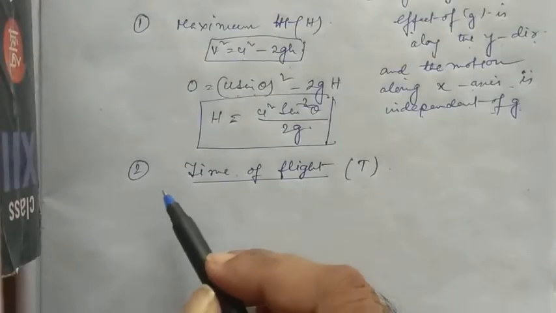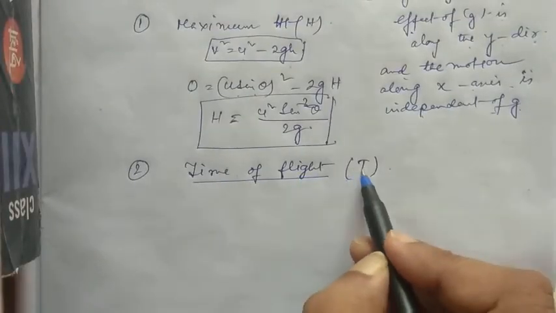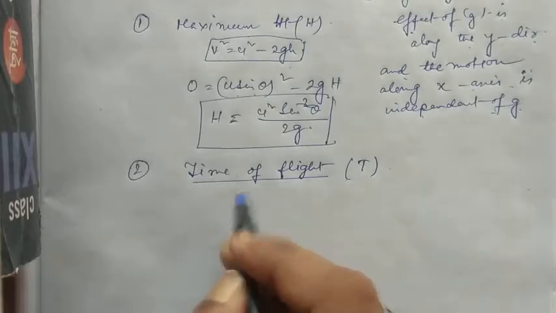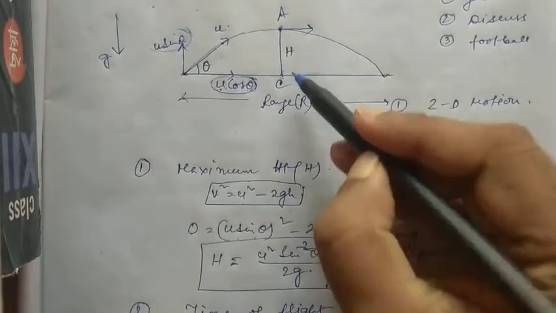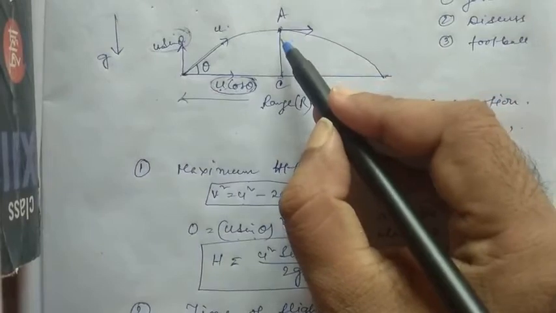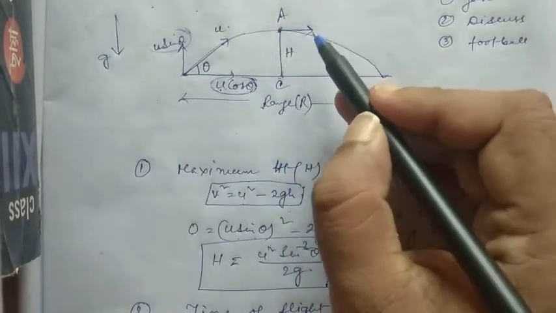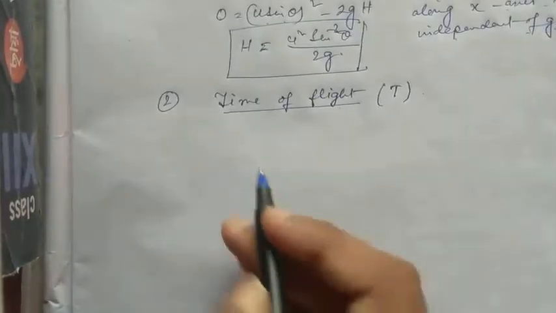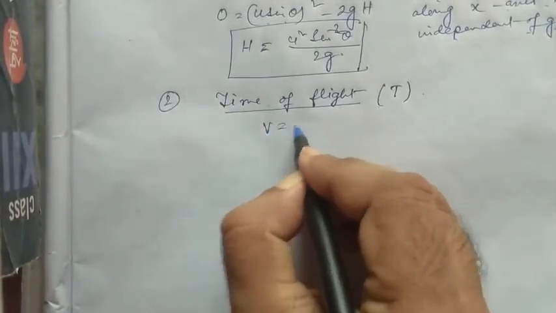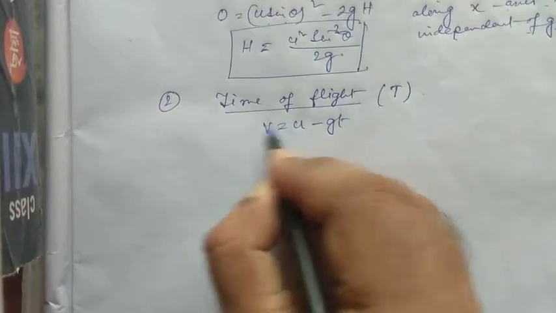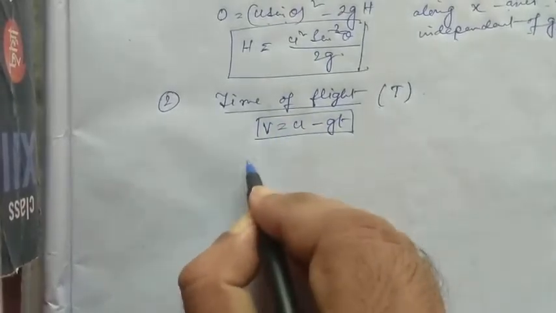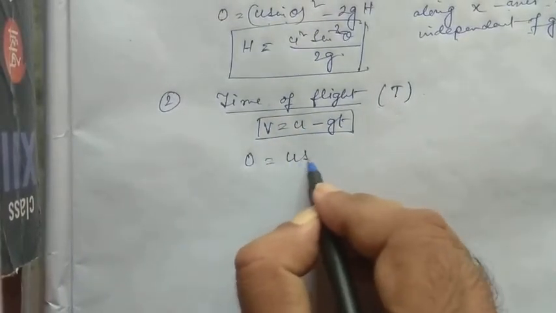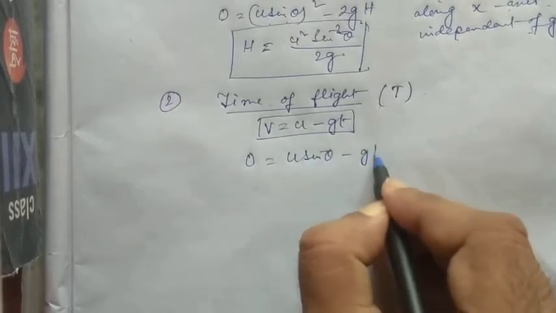Now we try to find the time of flight, denoted as t. When the particle moves from point C to A, suppose the time taken is t1. So we can write from the formula v is equal to u minus gt, replacing v as 0 and u as u sin theta, 0 equals u sin theta minus g t1.